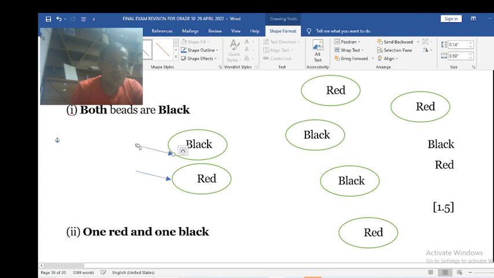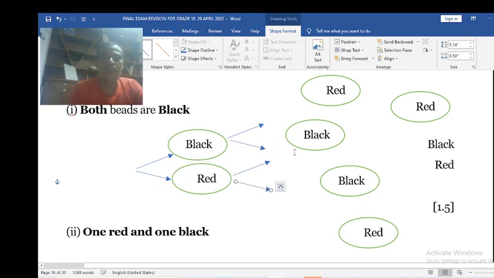Okay, then make it like that. So then this one I'll make it here. Okay, this one also I will make. This one I'll put here. This one I'll put here. This one is there. This one is here.